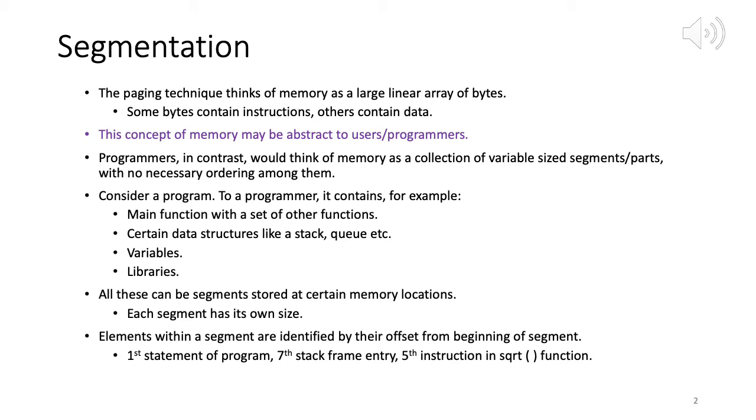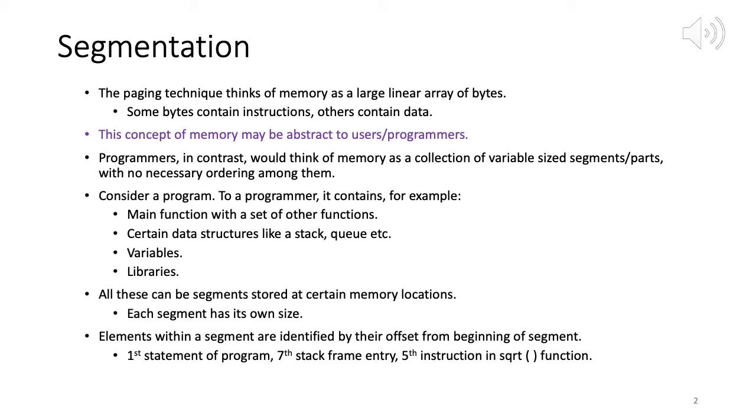That is the level of granularity that we have. We can access individual bytes, whether they are instructions or data. Some bytes contain instructions, others contain data. So once again, memory is looked at as a large linear array of bytes.